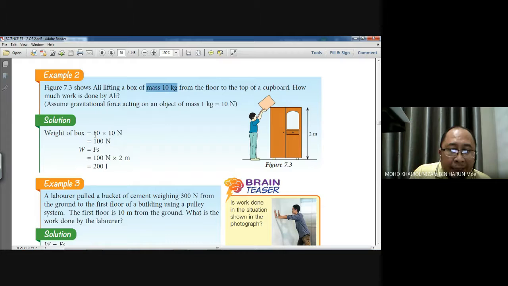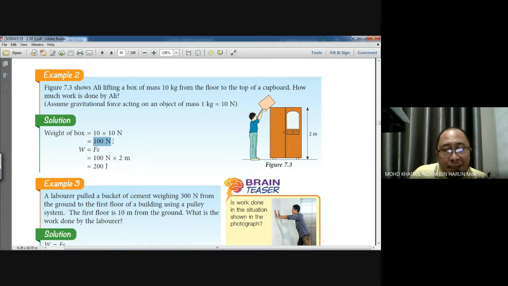So 10 kilogram times 10 Newton, the weight of this box is 100 Newton. So 100 Newton will become the force to calculate work.